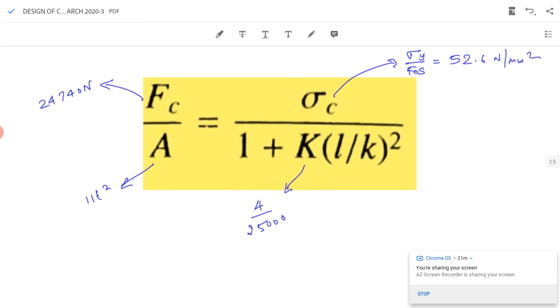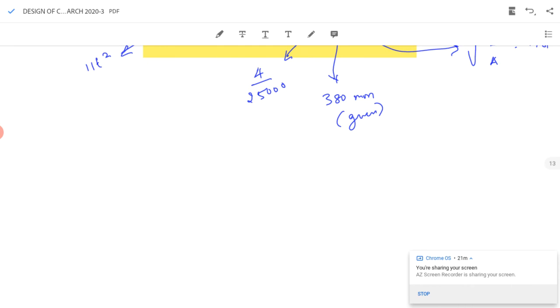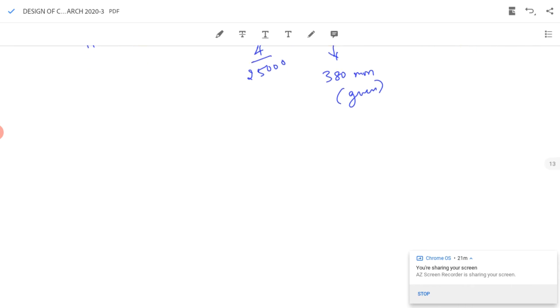Further, I can write L equal to length of the connecting rod equal to 380 mm, which is a given detail, and K equal to root of I by A, Ixx by A equal to 1.78 T. After substitution, I will get an equation in the fourth degree, T raised to 4.